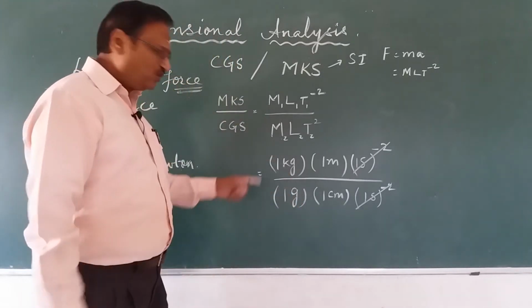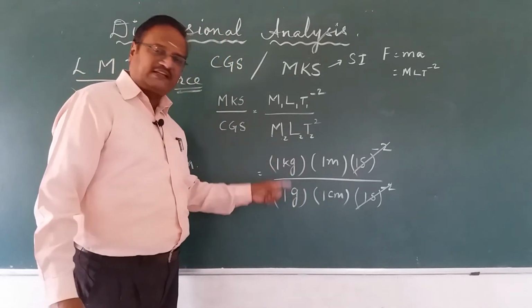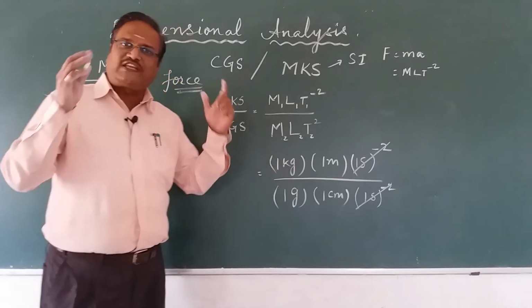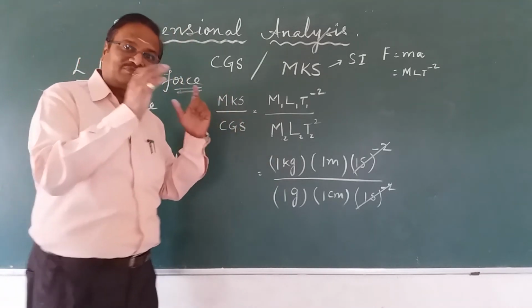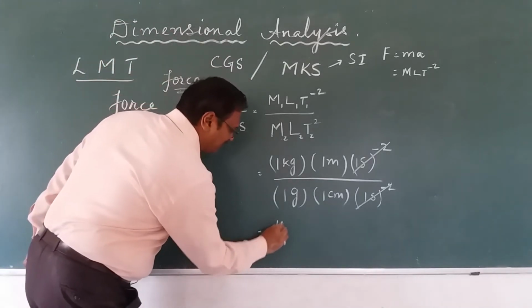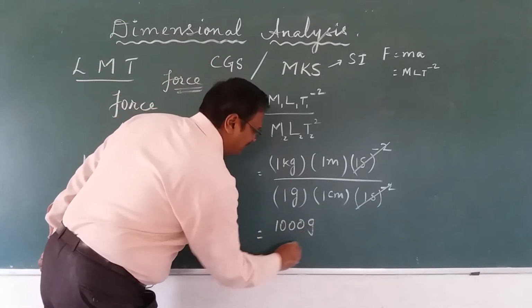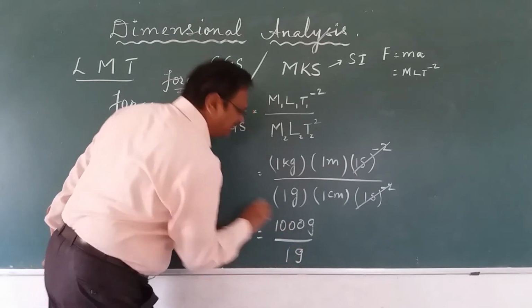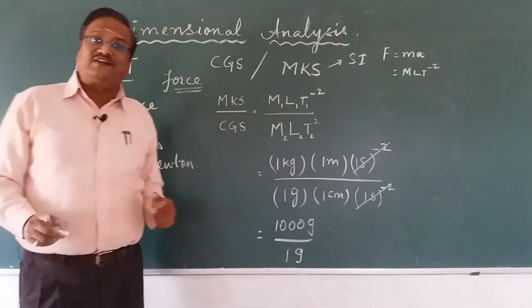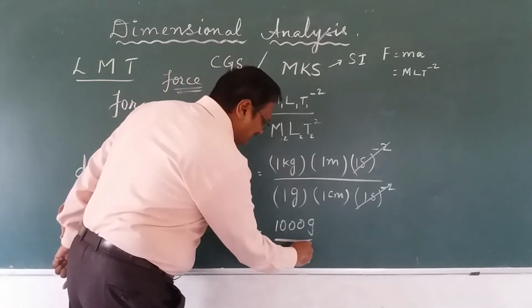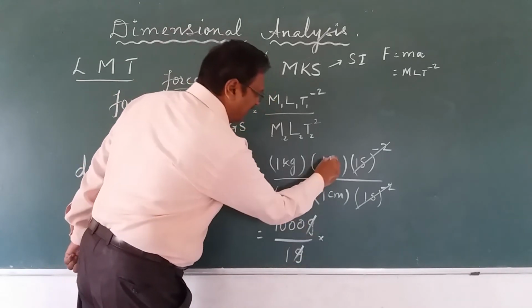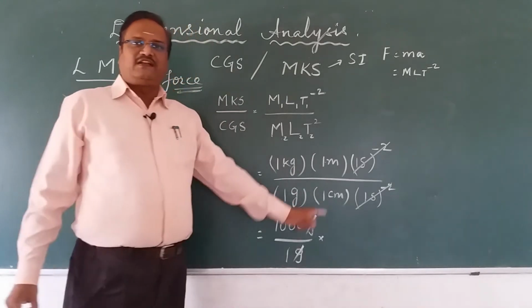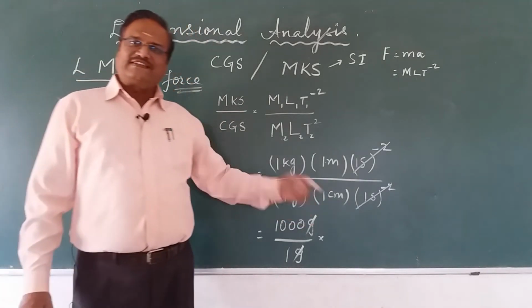Express kilogram in gram. What is 1 kilogram? 1 kilogram is 1000 gram. So I am going to write 1000 gram divided by 1 gram. Why did I convert? Because I will cancel gram and gram. And next, what do I have? 1 meter, and in the denominator is centimeter.